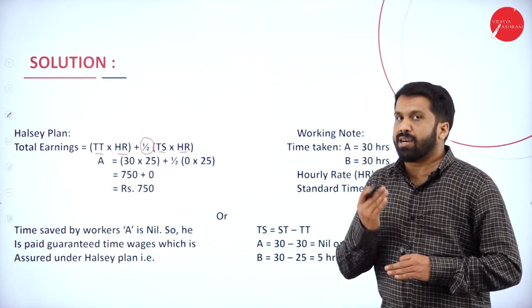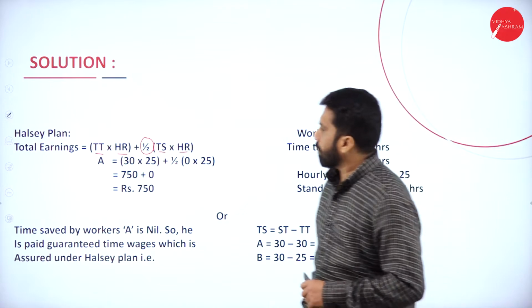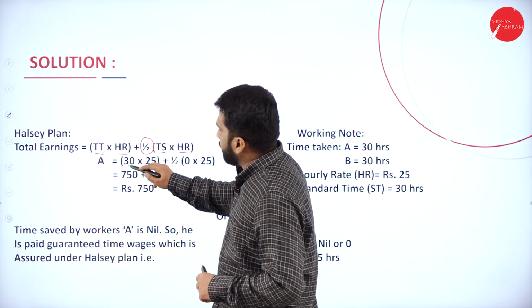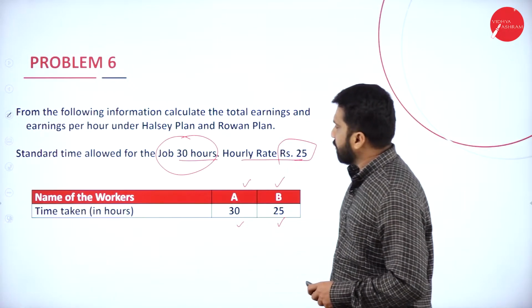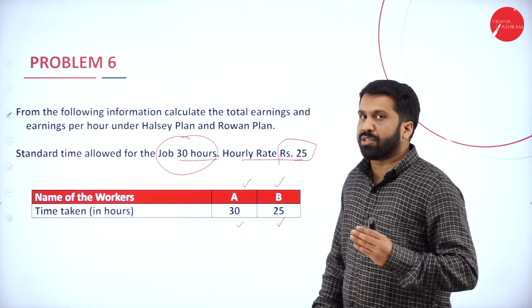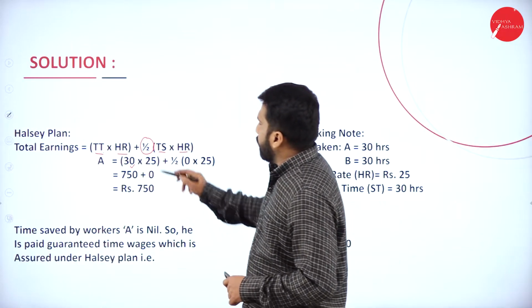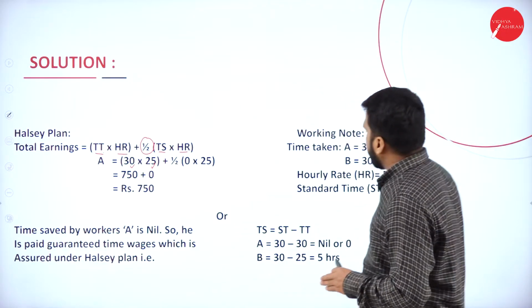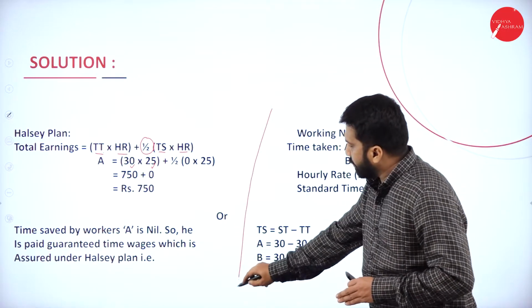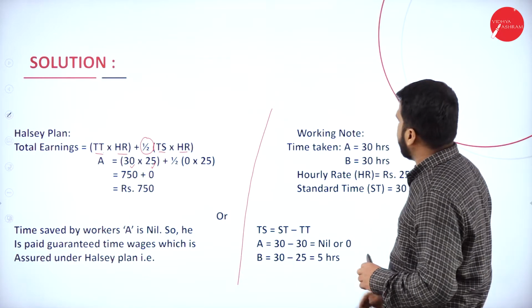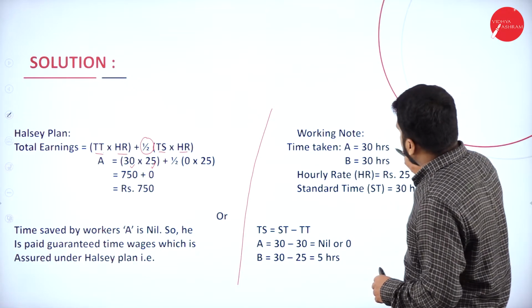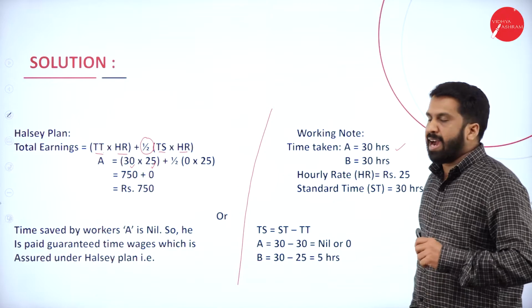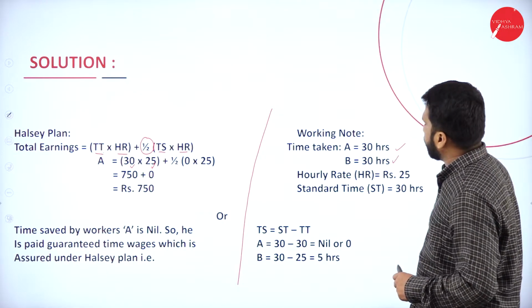Now, for the first person, time taken is 30. What is the hourly rate? It is 25. So, in this working note, time taken is 30 hours for A.